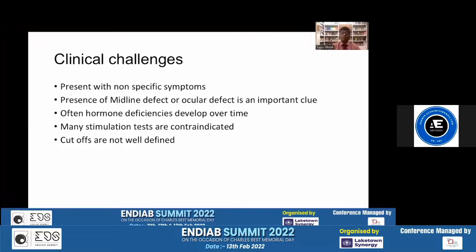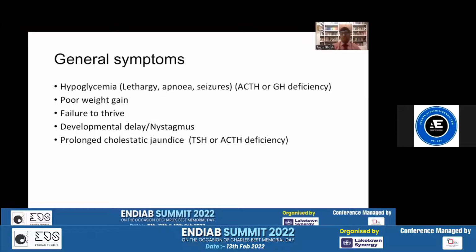And remember, many of these stimulation tests are contraindicated, and we are often not sure what cutoffs to use to diagnose these individual hormone deficiencies. In general, the symptoms might be hypoglycemia, poor weight gain, failure to thrive, developmental delays, nystagmus, and often prolonged cholestatic jaundice like the child that I described in case 1.